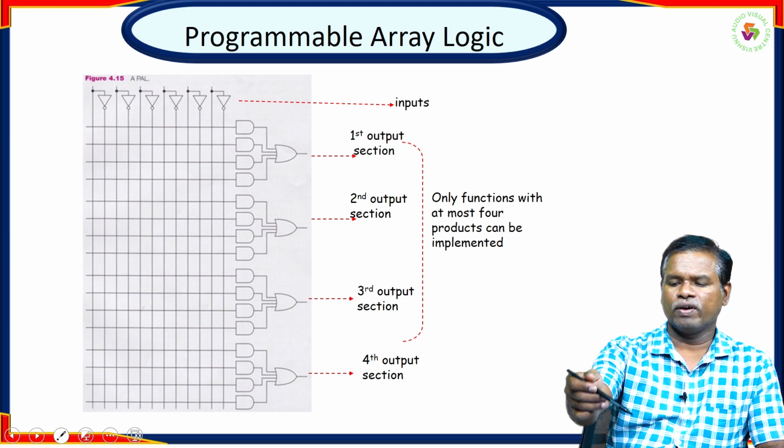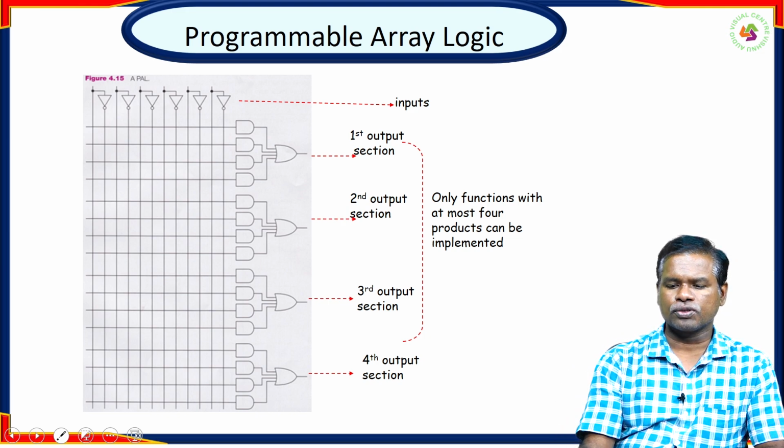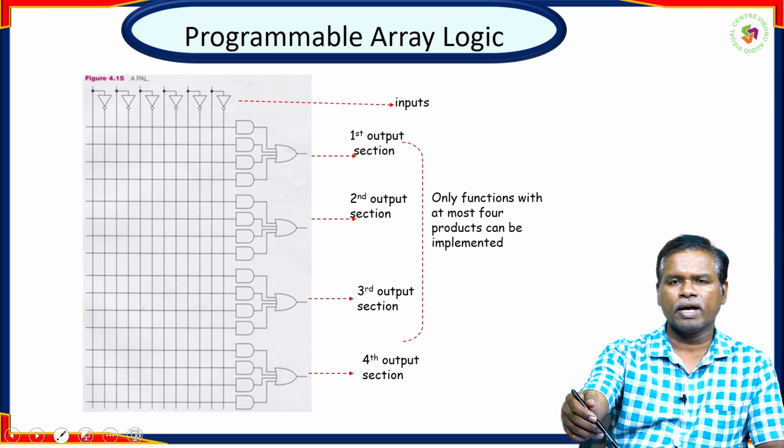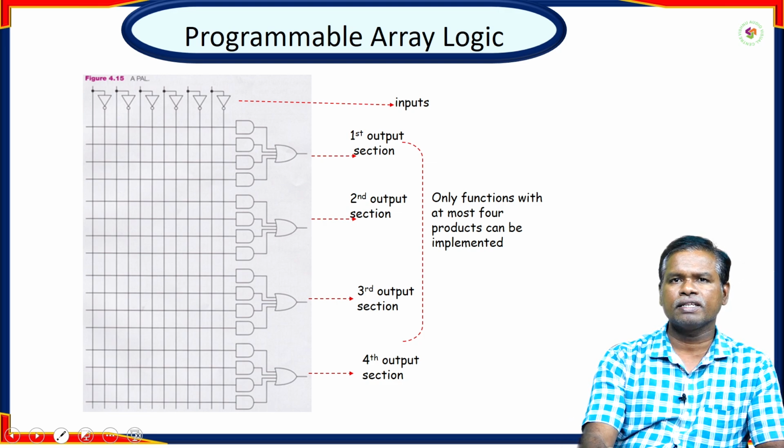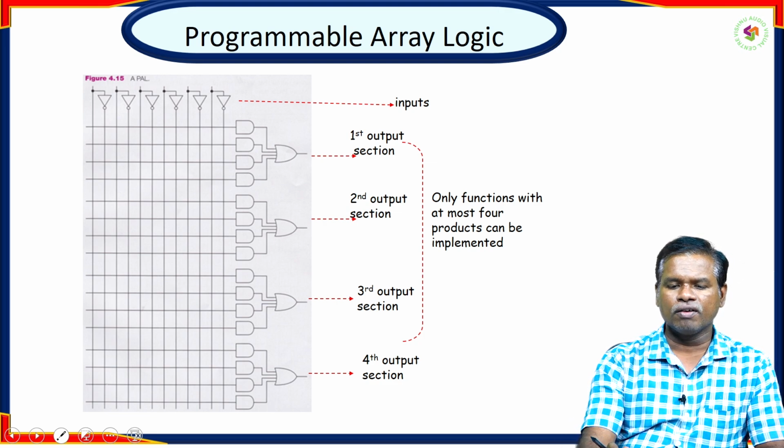Here there are different outputs; in this diagram we have shown 4 different outputs. Each output is connected to AND gates. The AND gate outputs are connected as inputs of the OR gate, and the OR gate output is treated as the final output of a Boolean function.